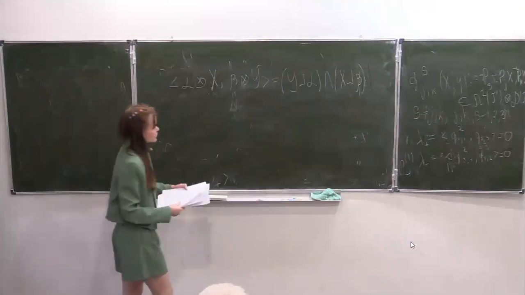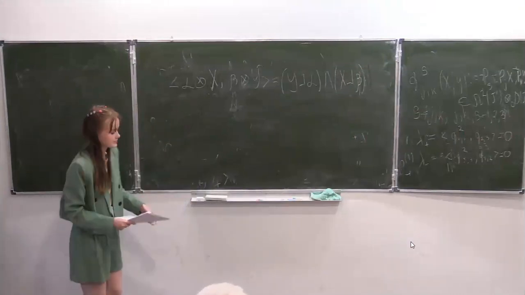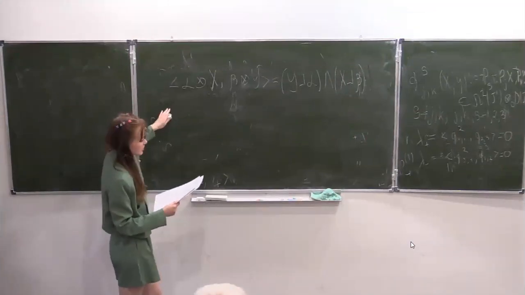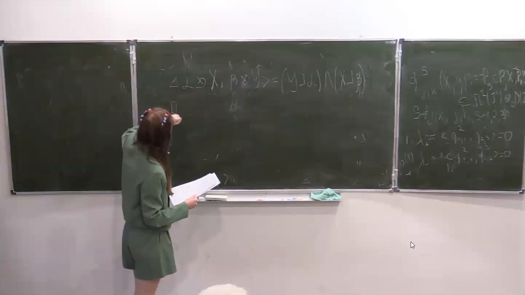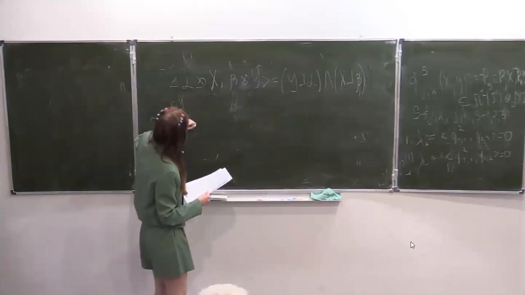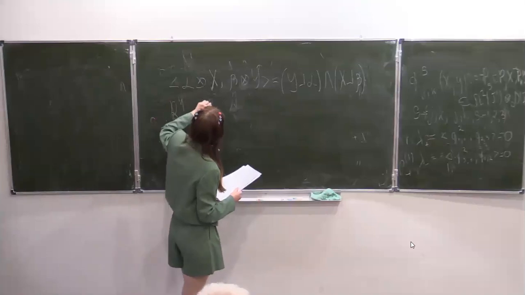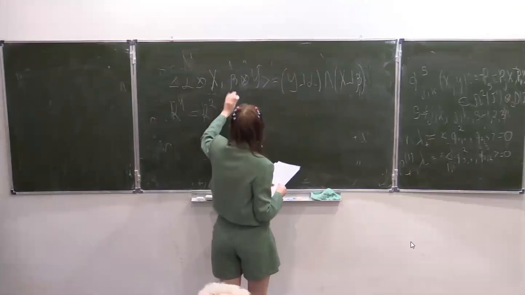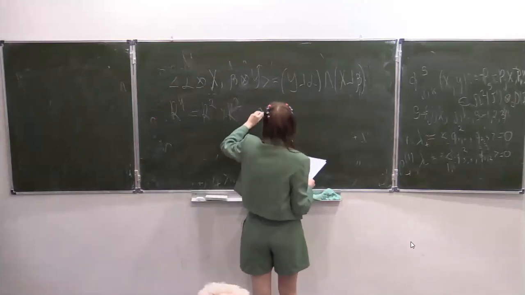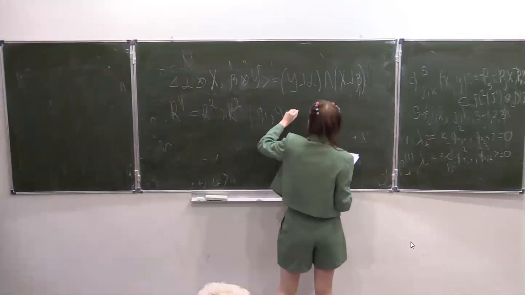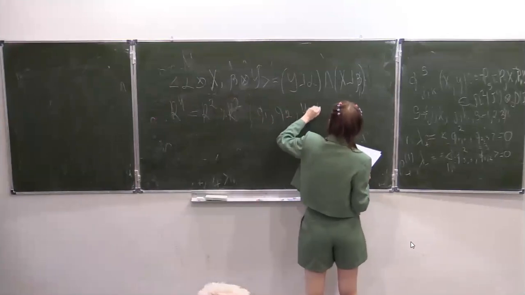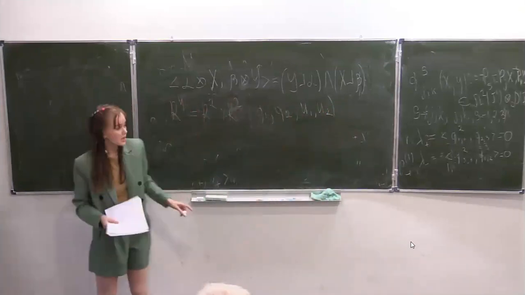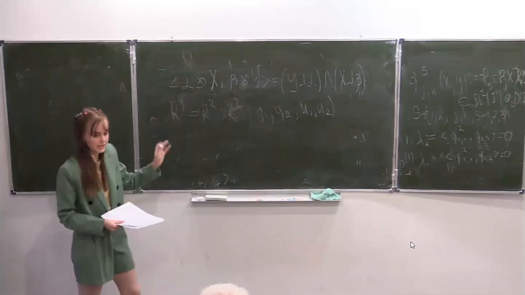Next, I should tell about the Jacobi equation. Consider the Jacobi differential equation on R2 or R4, with two dependent variables. The Jacobi equation has the following form.